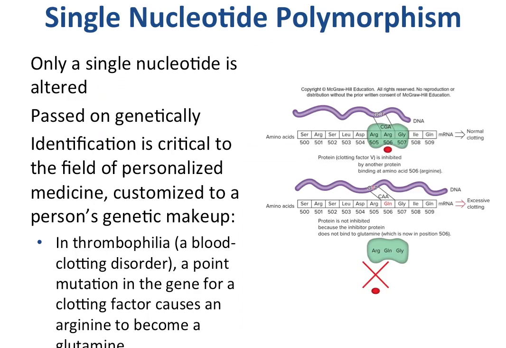So let's talk about the single nucleotide polymorphism. This is also called SNP. This means only a single nucleotide is altered, and it is passed on genetically. So the identification is critical to the field of personalized medicine.